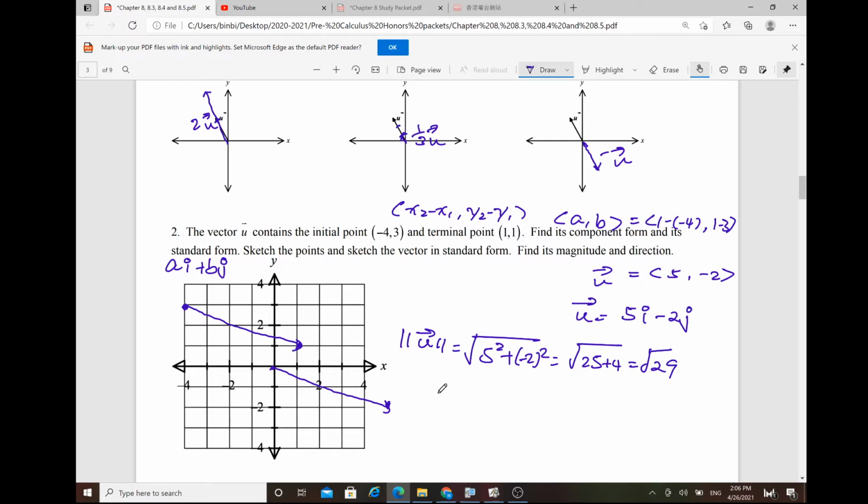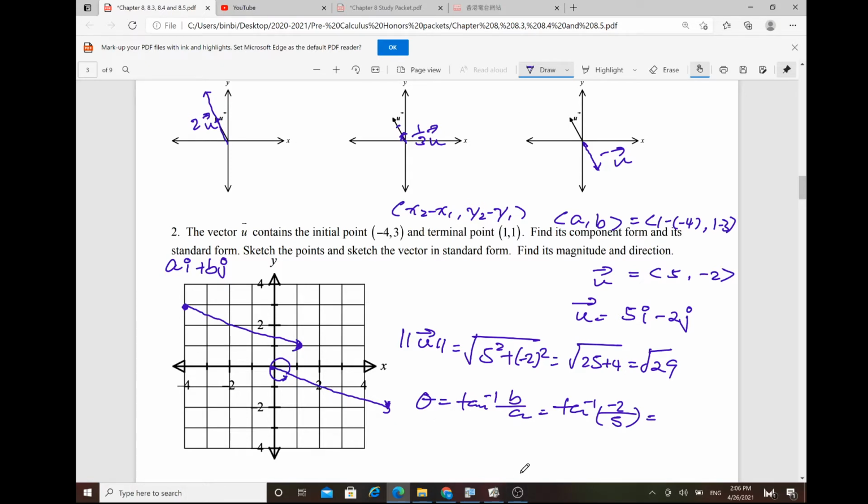And then in order to get the angle, we take the inverse of tangent of b over a. So inverse of tangent of -2 over 5. We do know that the angle is going this way, so it's going to be in quadrant 4.